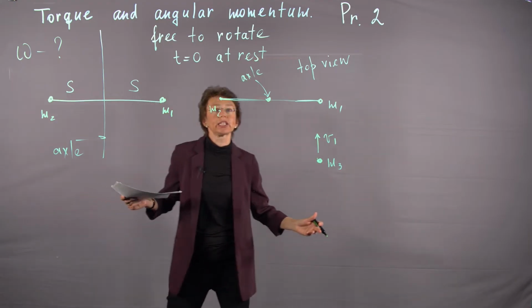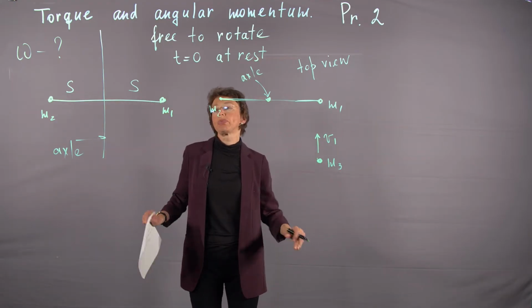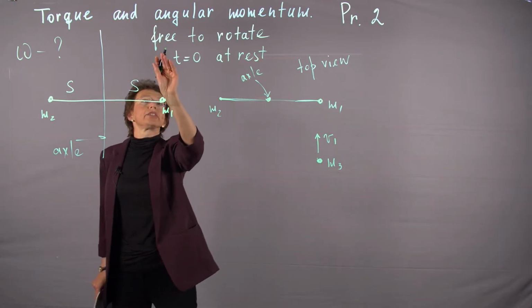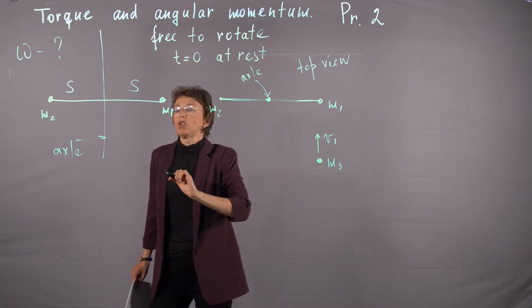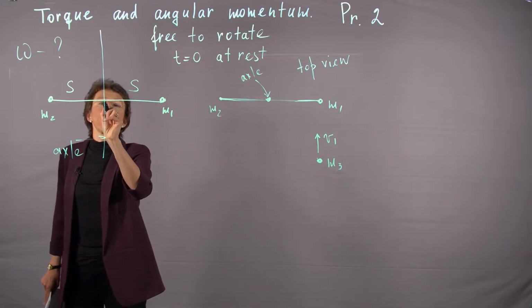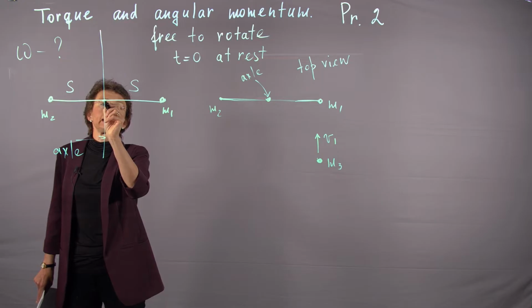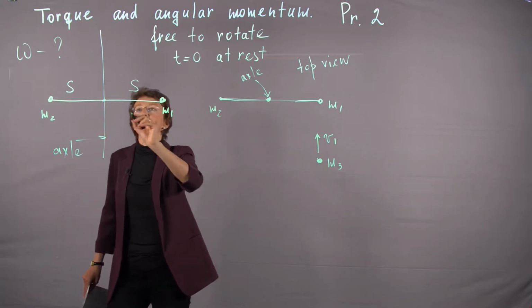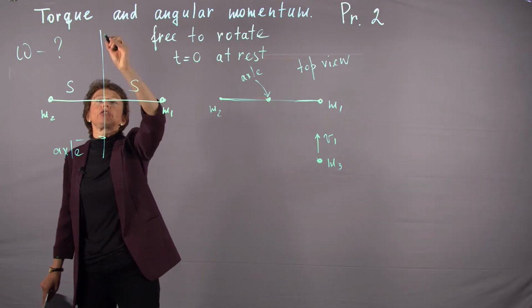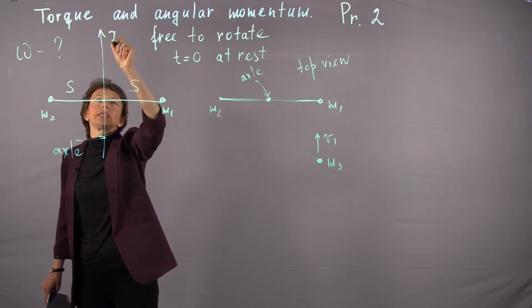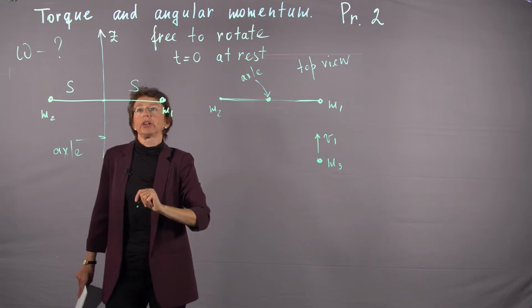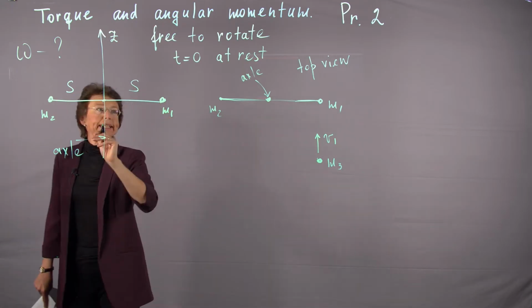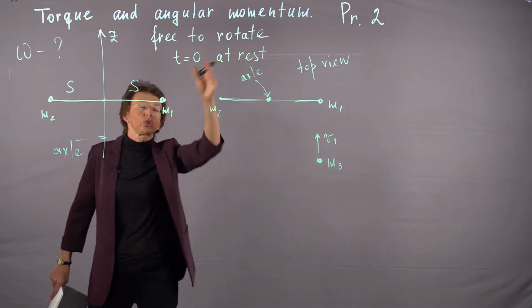All right, first let's think which law we will use. This rod is free to rotate, which means that there is no friction in the bearings right here. And this means that there is no torque created by this friction in the vertical direction. So if I call this direction z, the vertical direction, tau z is 0, which means no friction, free to rotate.